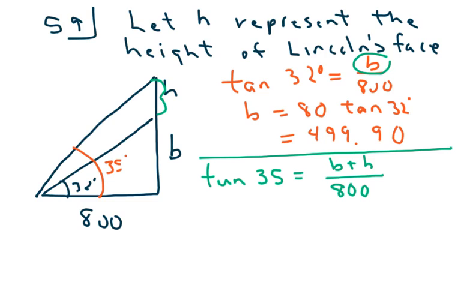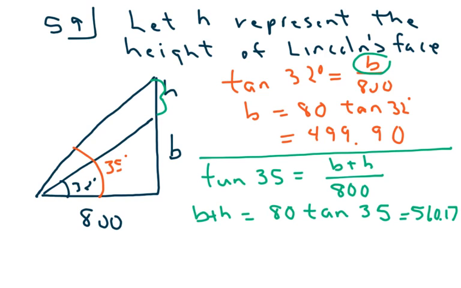And so then I'm going to cross multiply and say B plus H equals 800 tan of 35, right? 35, which equals 560.17.